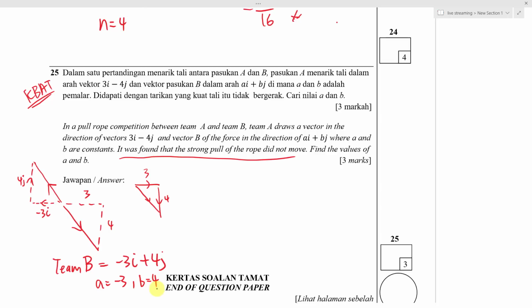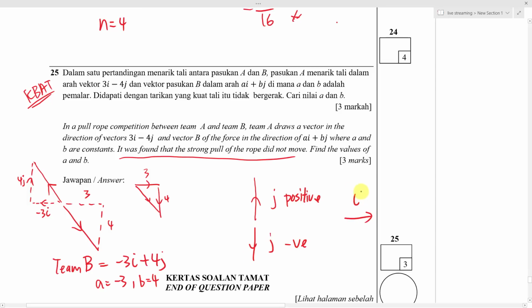Because j is going up, you should know that if going up, j will be positive. If going down, then j will be negative. Going right, i will be positive. Going left, i will be negative. Why not negative 4? Because you can see the arrow. This arrow actually means something.